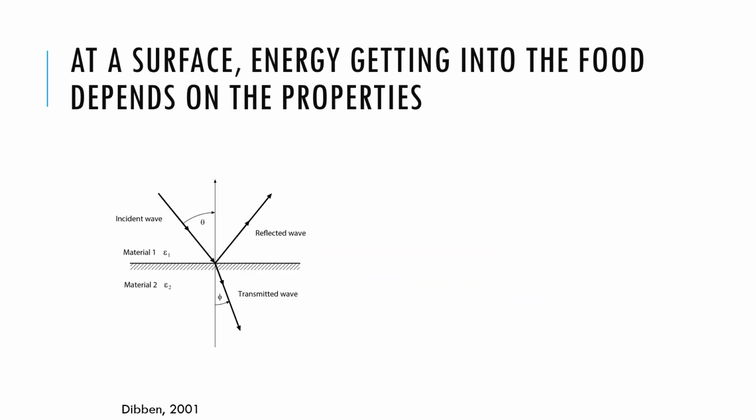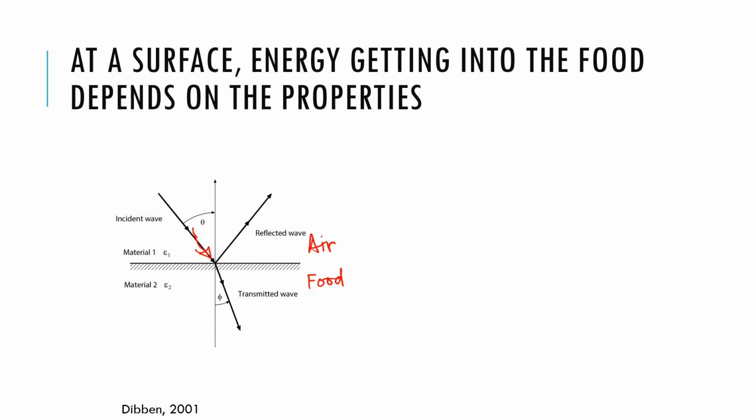We now want to get a feel for these properties a little more. So first, at a surface, when an electromagnetic wave hits a surface, so this could be the surface of food, let's say, and so this is food, and let's say this is air. So this is the surface of the food.